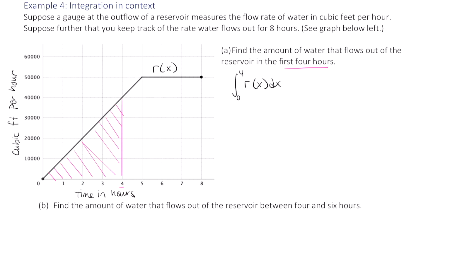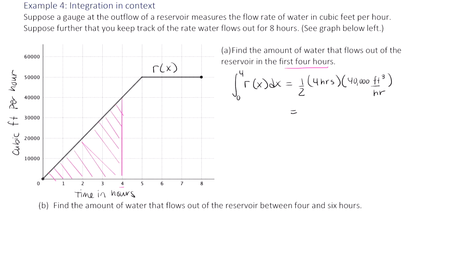Well, this is a triangle, so we can easily figure this out using geometry. So we have 1/2 our base of 4 hours times our height of, what is this, 10, 20, 30, 40,000 cubic feet per hour.